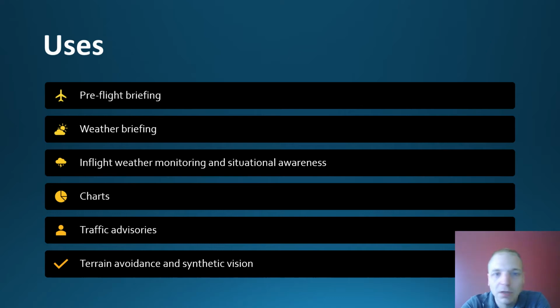Charts. The amount of charts that you can keep in an EFB is unreal. You could have the entire continent in there or more, every procedure right at your fingertips, and it works really well if you end up at an airport you weren't planning on being in.